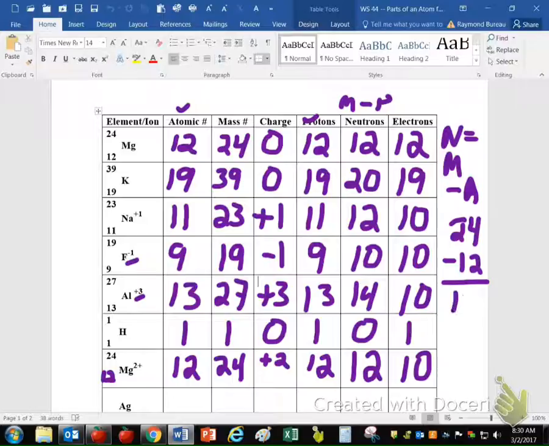So the number of neutrons is 12. There are 12 protons in every magnesium atom. To get a mass of 24, there has to be 12 of something else, right? Those something else are the neutrons. So to get the number of neutrons, if you already know the mass, subtract mass minus atomic, and it works every single time. Does that answer your question?